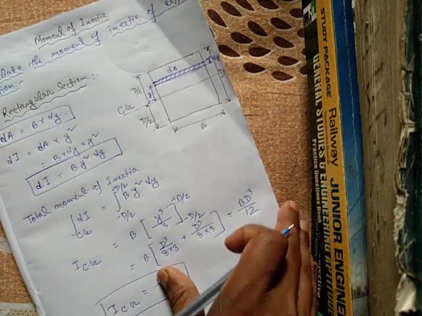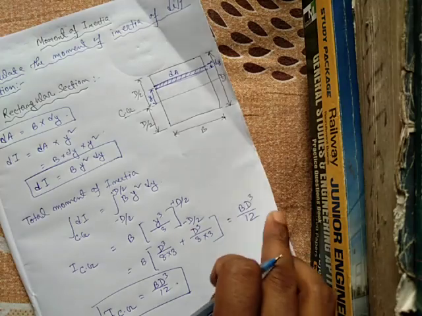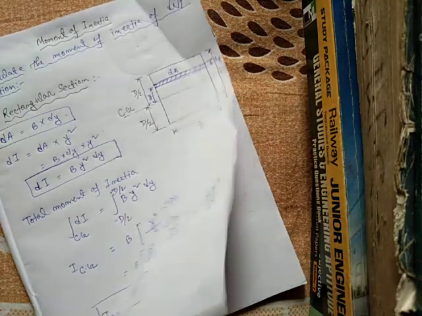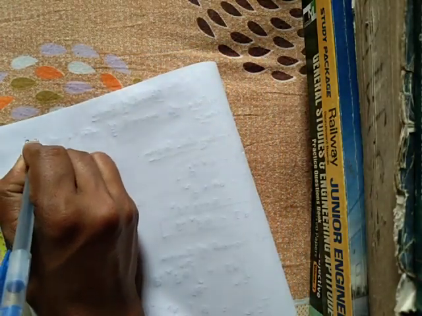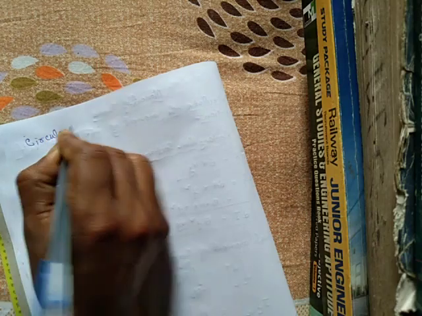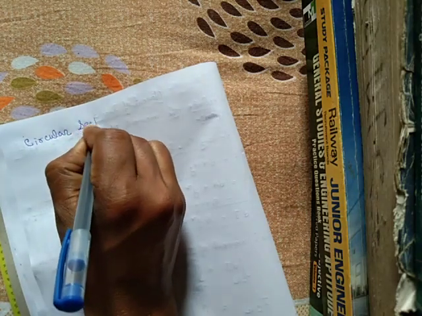Now the second part is to calculate the moment of inertia of a circular section about CG. Circular section.